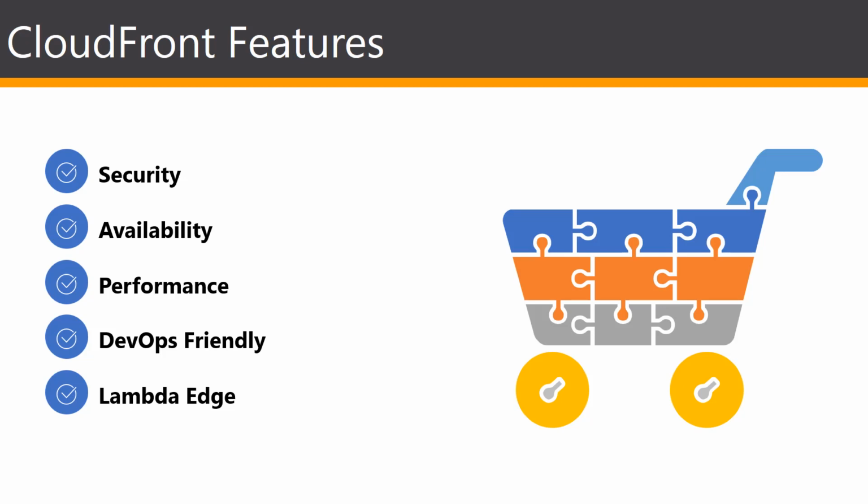It has SSL, TLS encryption, and HTTPS. And the best part is that they are enabled automatically. You can use the Certificate Manager to easily create a custom SSL certificate and deploy it to your CloudFront distribution for free.